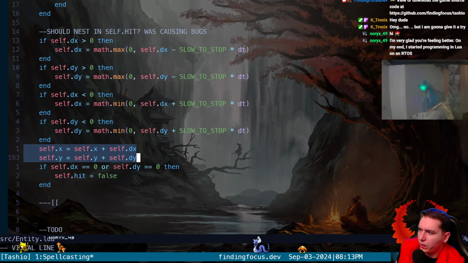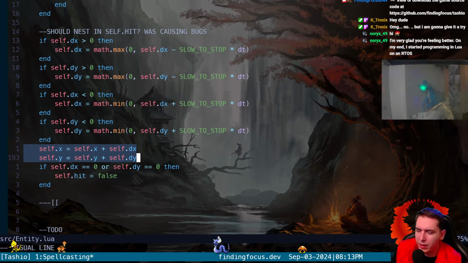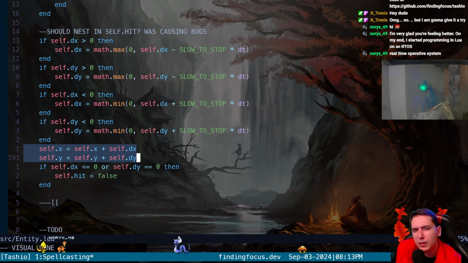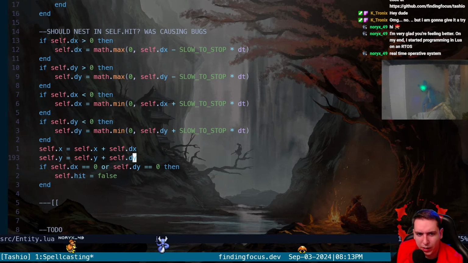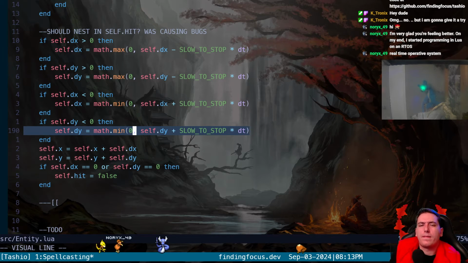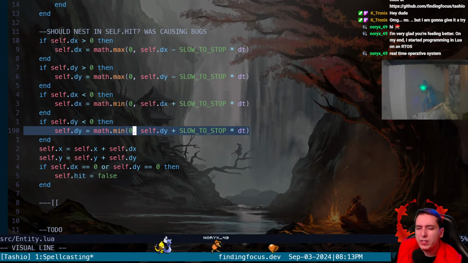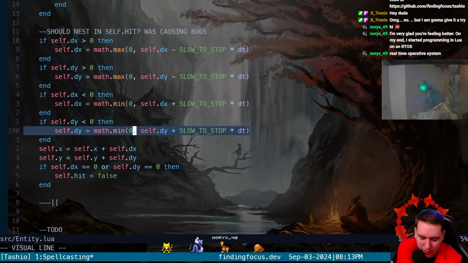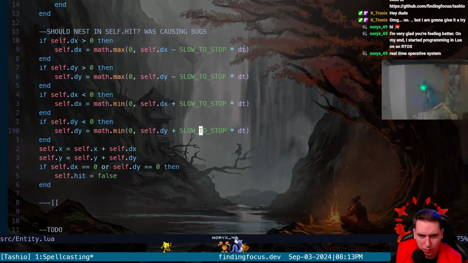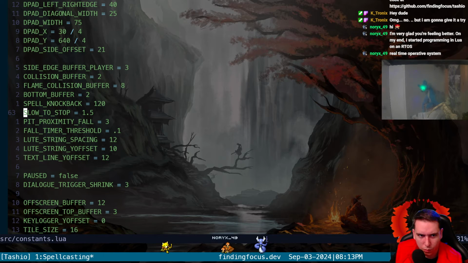Yeah, I think we're going about this the wrong way. I'm trying to walk through why it's not working. What's weird is this slow to stop variable. All it is, is a number, 1.5.